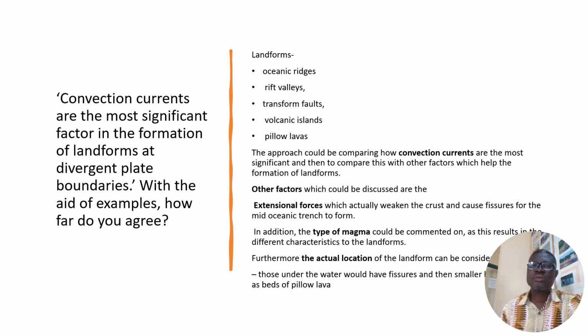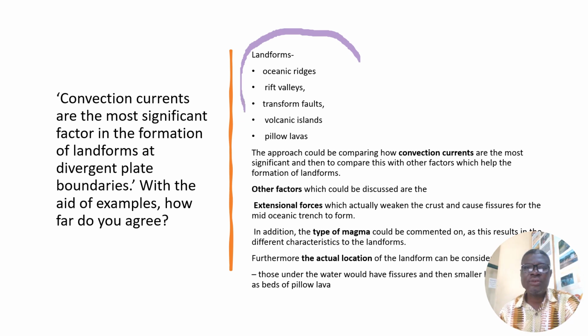Convection currents, much as they are very important in the movement of the plates, we cannot do without them. But it is not only the convection currents that form the landforms at the plate margins. So these are some of the landforms that we can have at the divergent margins.